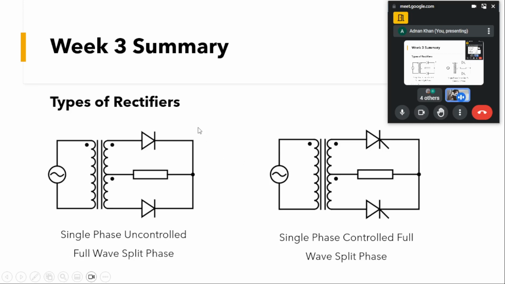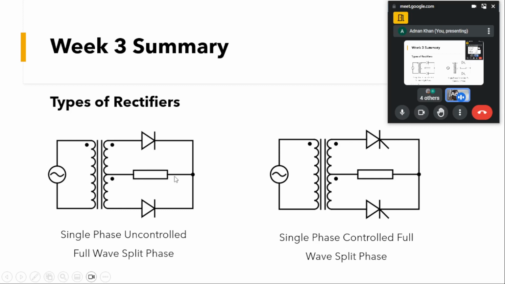Now coming to the full wave rectifiers, we have a split phase. This is possible for a single phase supply, where a single phase is connected to a transformer, and the secondary of that transformer has a common midpoint, and we have two diodes.